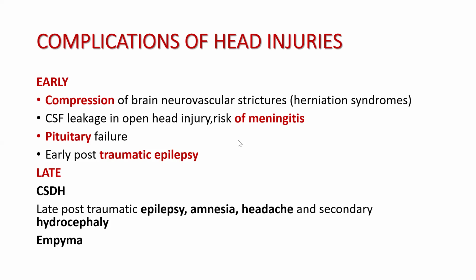You can have pituitary failure. You can have early post-traumatic epilepsy. Among the late complications, you have chronic subdural hematoma. You have late post-traumatic epilepsy, post-traumatic amnesia, post-traumatic headache, and secondary hydrocephalus. You can even have impairment in the brain as a complication of head injury.